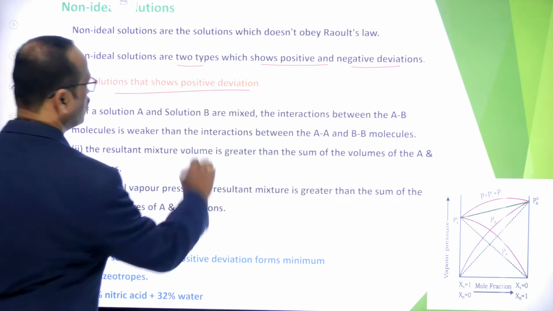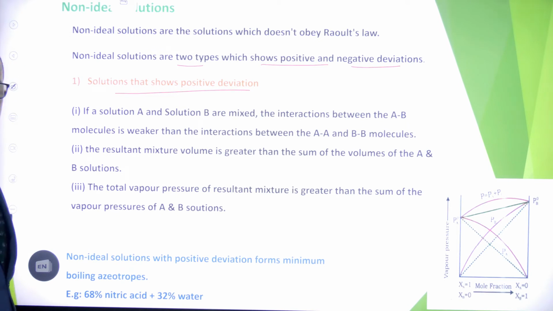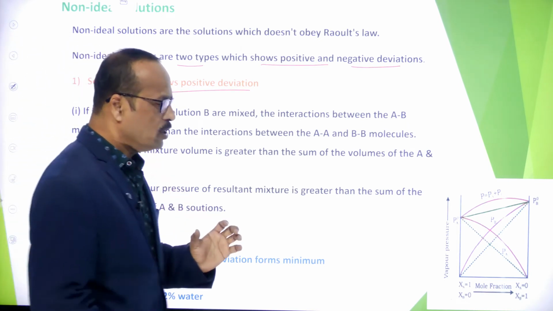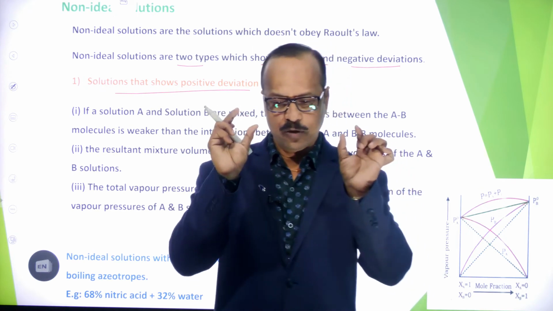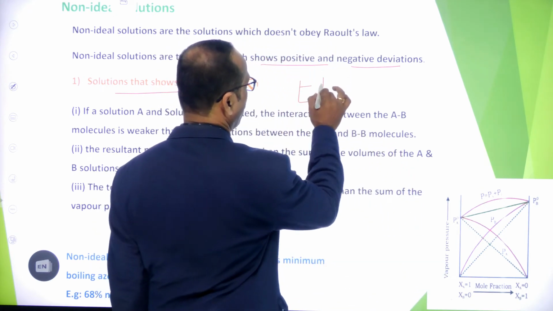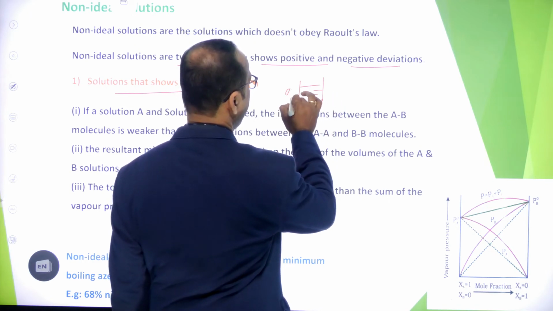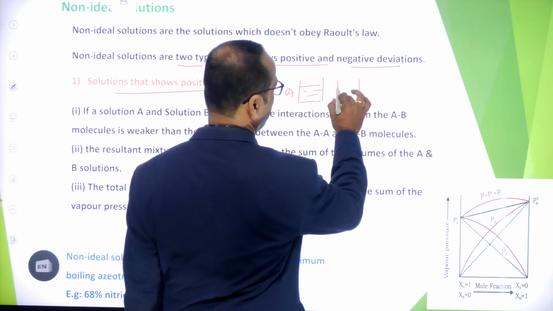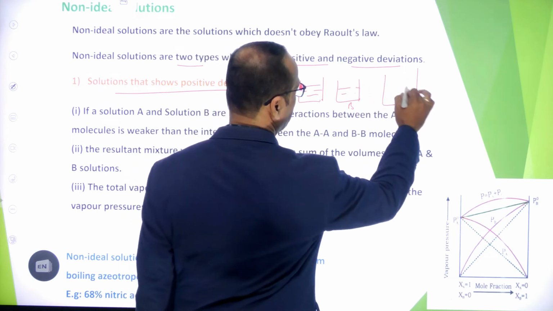Students, now see here. Solutions that show positive deviation. I am taking two solutions, A and B. Here I am taking pure A, and here pure B, and I mix them together.